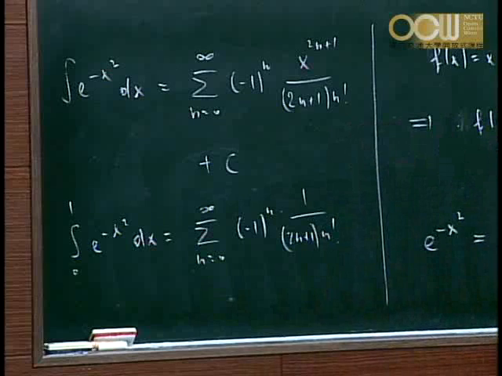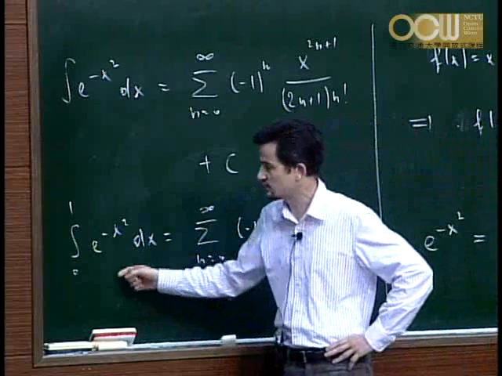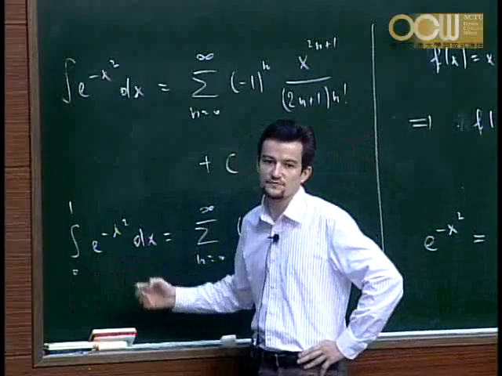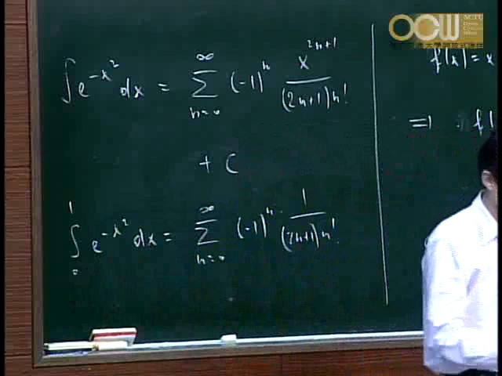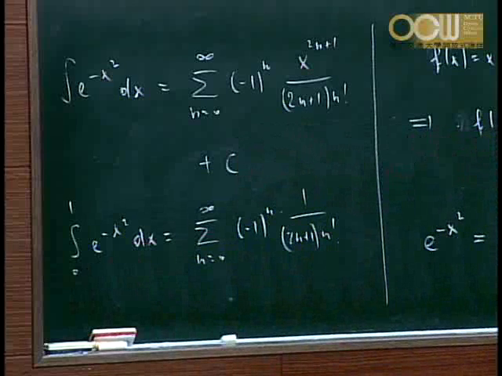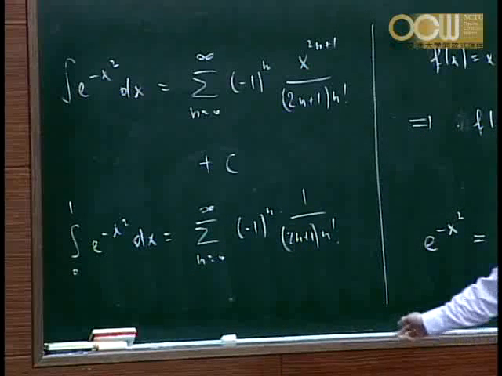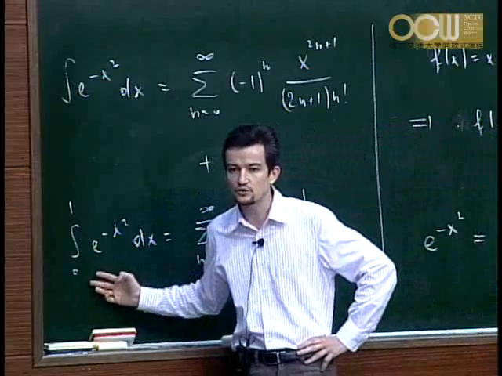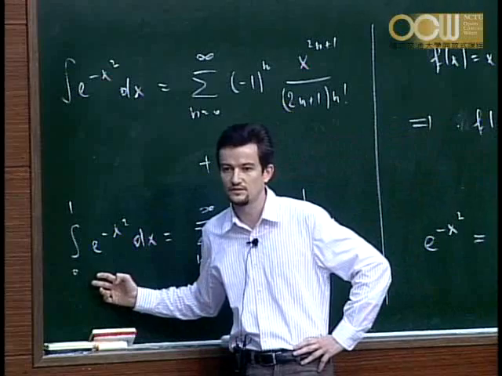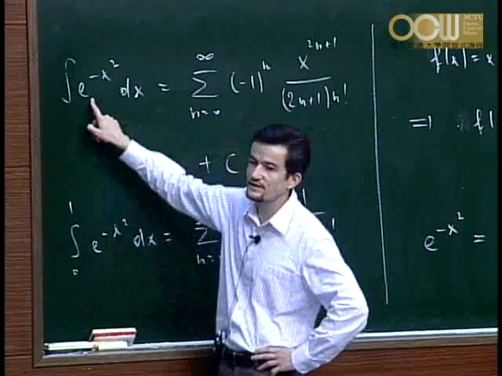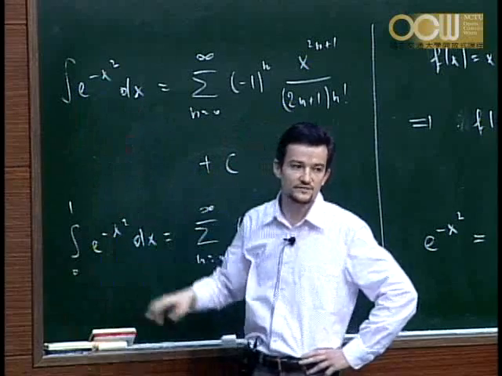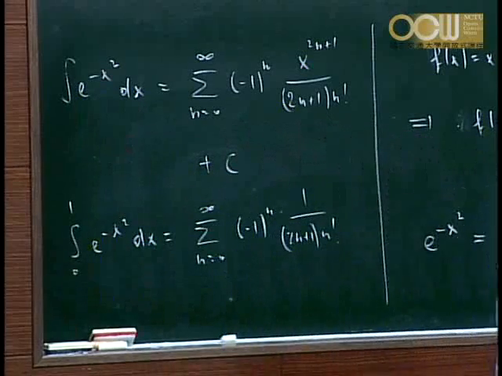So it will be very easy, using this representation, to compute an approximation for this integral up to as many digits as you want, 100, 200, no problem. And this solves an integration problem we could not solve last semester. Because if you look at this function, finding an expression for the integral, as I explained last semester, is not possible.